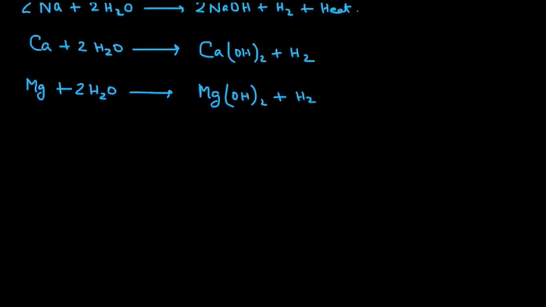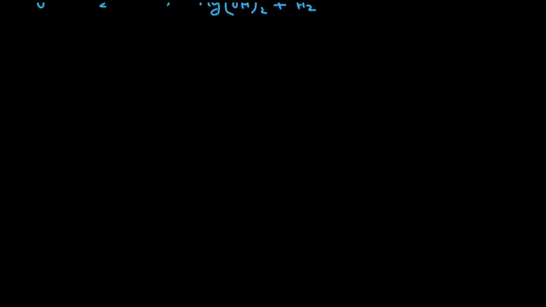Now we'll see a different type of reaction where we'll get metal oxide. So the reaction of aluminum and iron with water. So aluminum and iron. So these are of one kind of reaction.